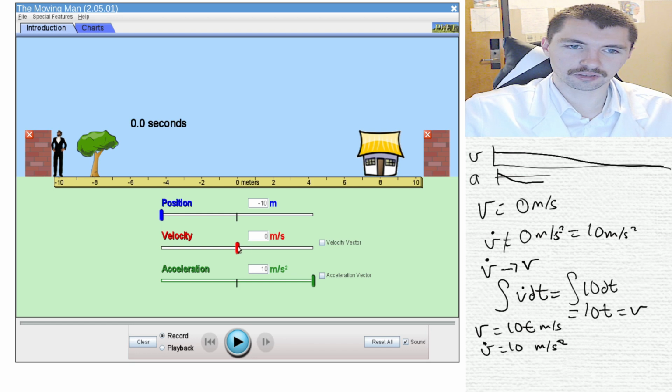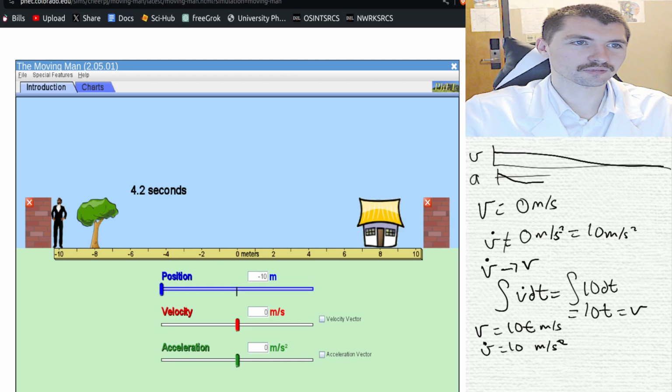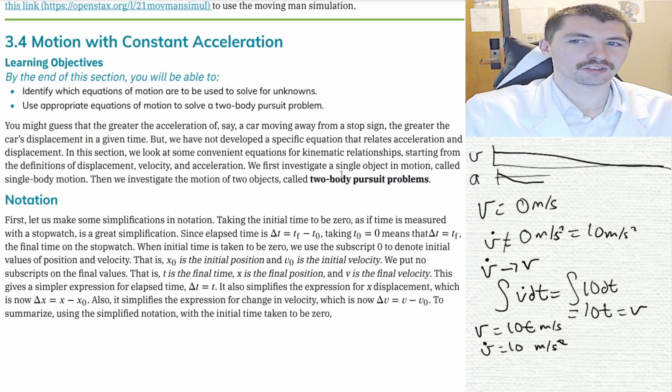What this is really saying is 10 meters per second. This should be the same as that, I think. All right, let's move on.